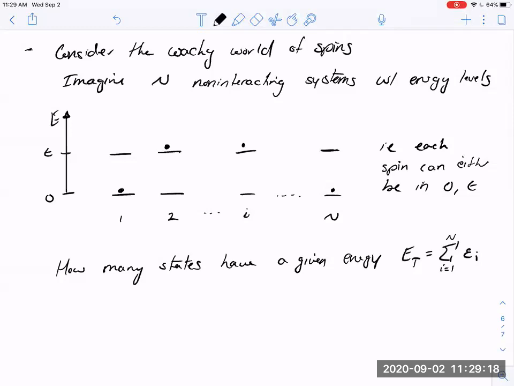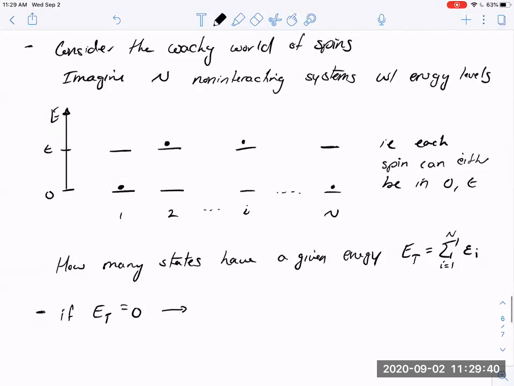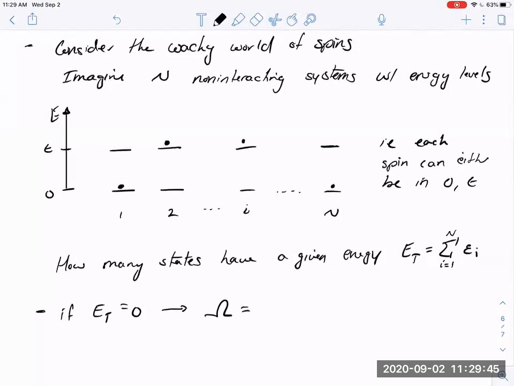All right, so let's think about some concrete examples. If I set E_T to be 0, how many microstates are there? How many ways can the system arrange itself such that it has 0 energy? The number of ways it can arrange itself we call omega. How many arrangements are there for E_T equaling 0?